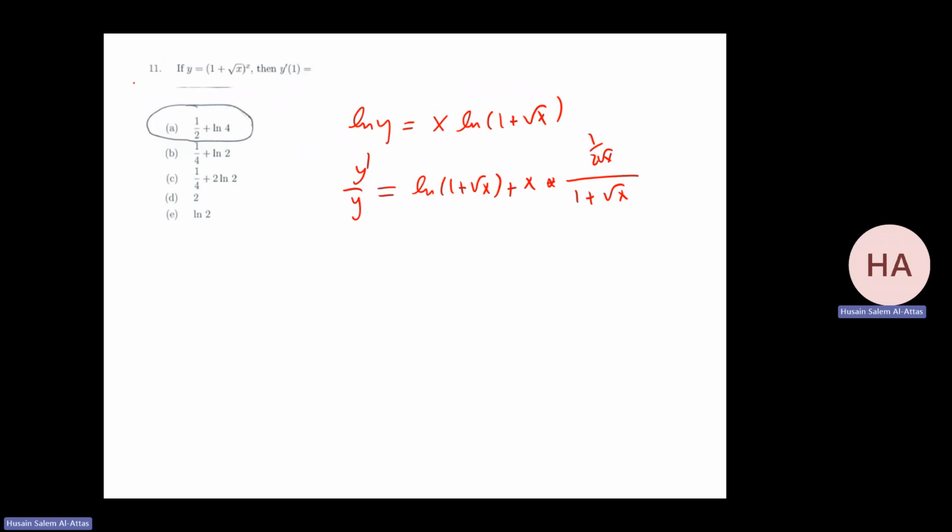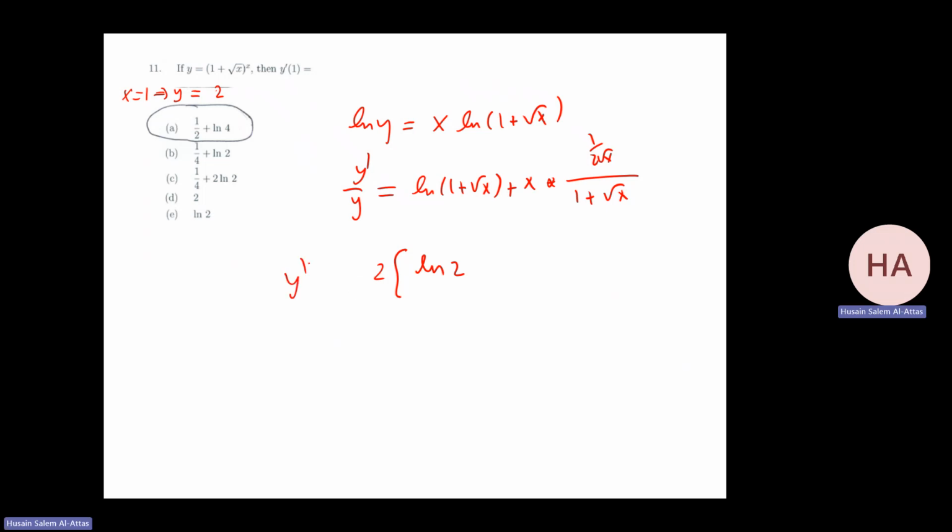Now, if x equals 1, what will be y? Y will be 1 plus 1 to the power 1, y equals 2. So here I have y prime will be 2 times ln of 1 plus 1, ln 2. I'm writing x equals 1, huh? Y prime, sorry.